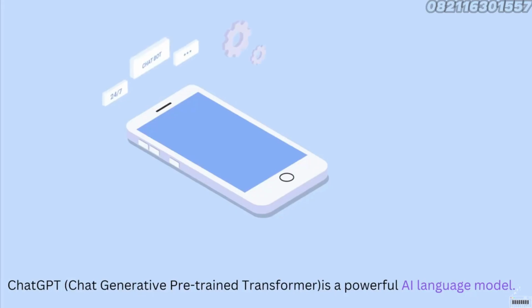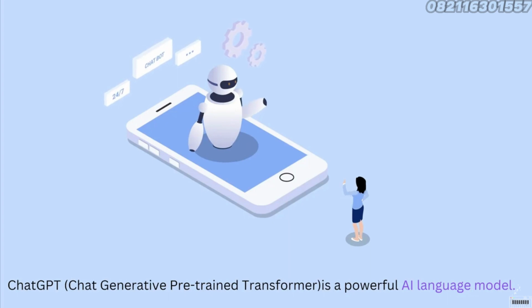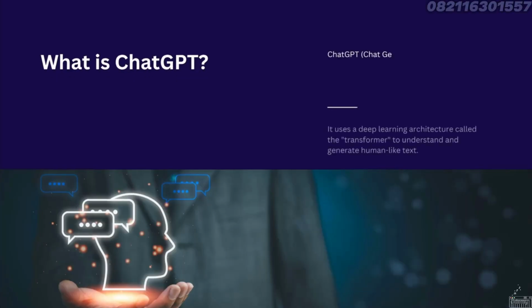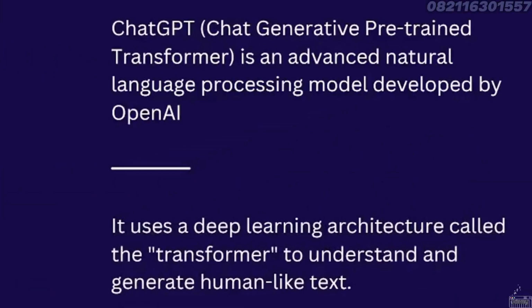So ChatGPT: Chat Generative Pre-trained Transformer. Keep the word transformer. It is a key word. It's a powerful AI language model, which means that it is an advanced natural language processing model developed by OpenAI.